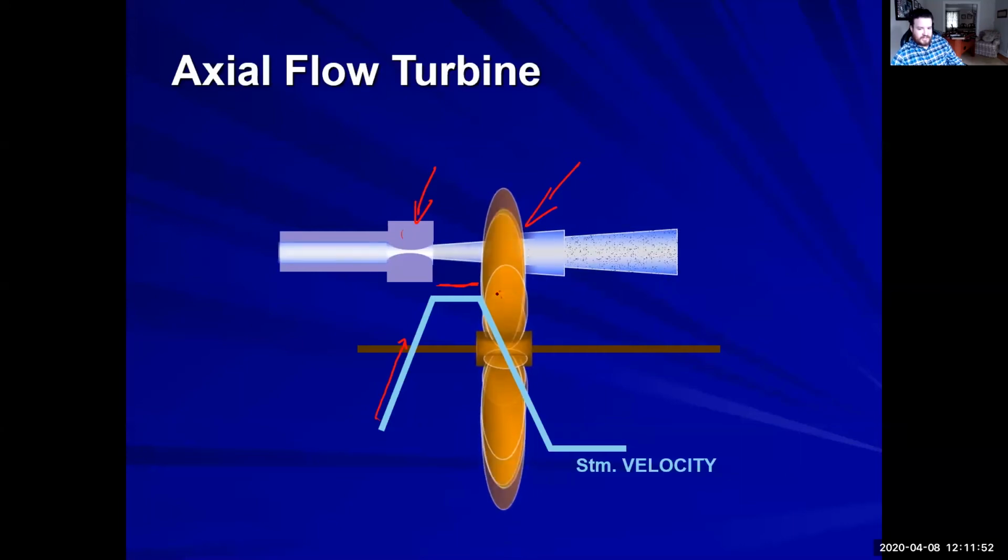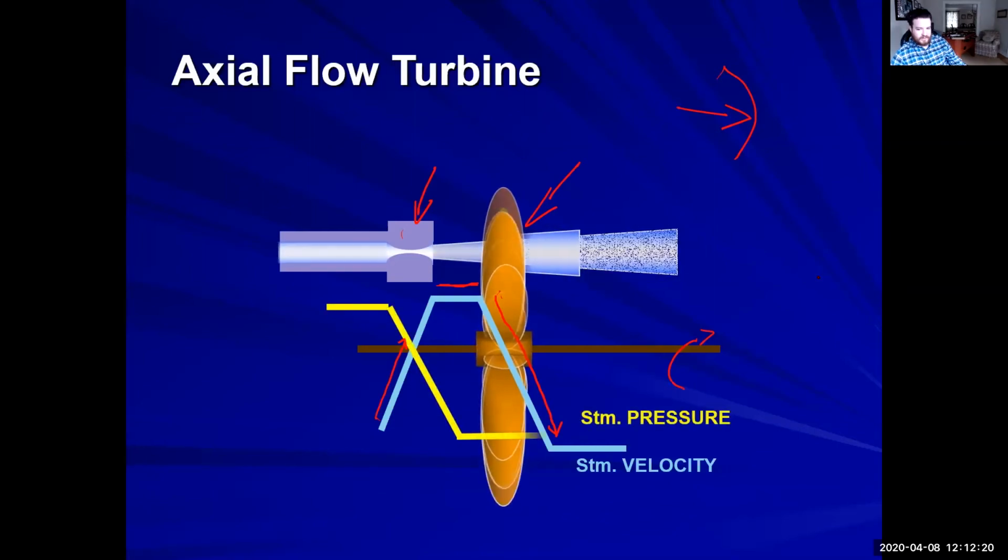And then as it goes through our turbine blade, we are losing velocity because we are putting a force onto every one of those turbine blades. That is us losing energy. We are transforming it into the rotational energy of this turbine blade. Of course, we can't just create this from nothing.